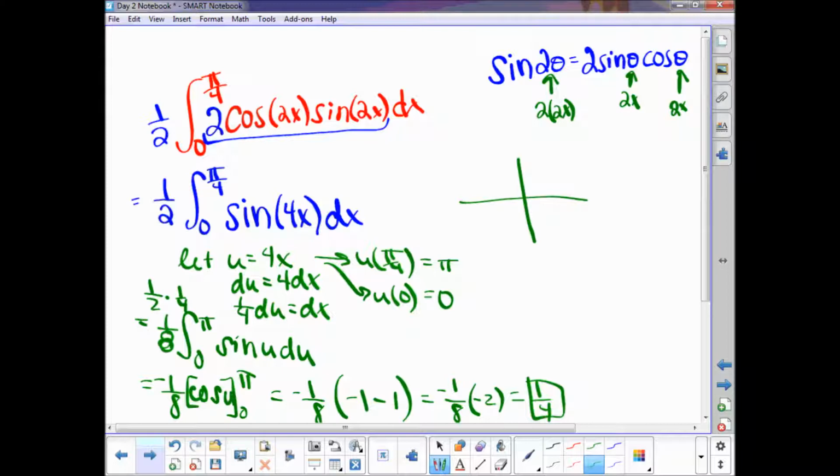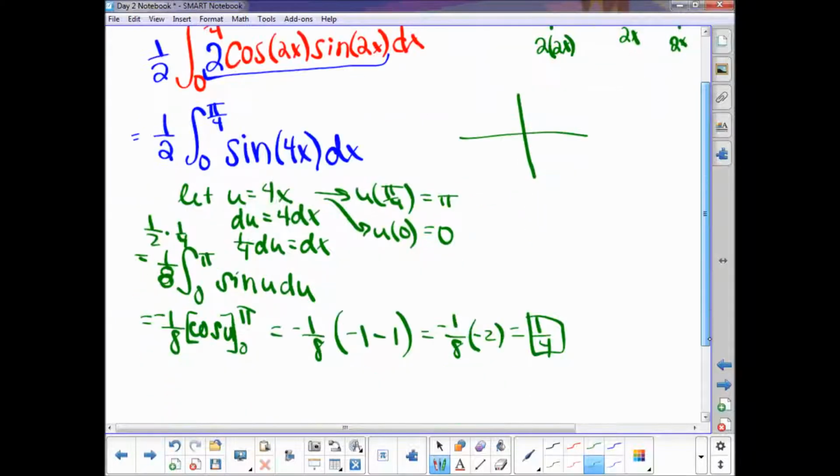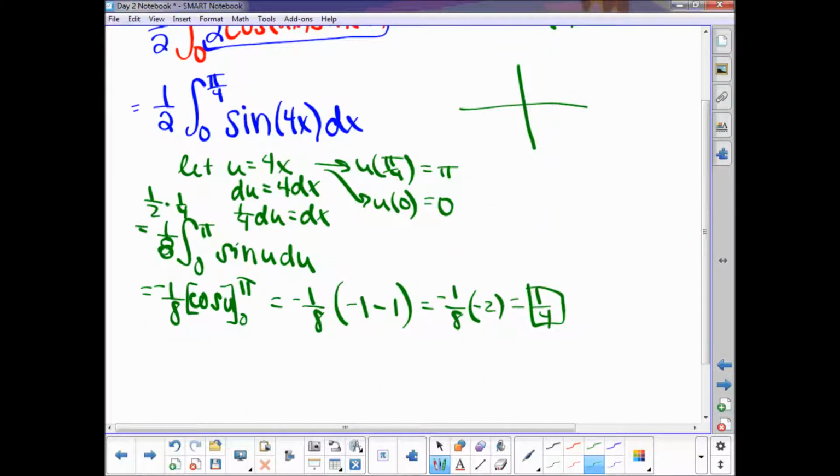Thank you. That was bad. Other questions? My antiderivative of sine is negative cosine, so I brought my negative along with the 1/8. Other questions with this? Okay.